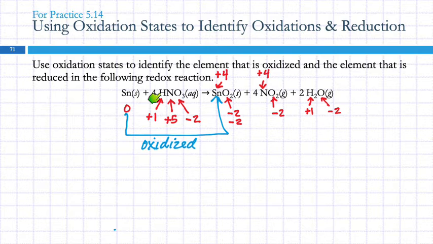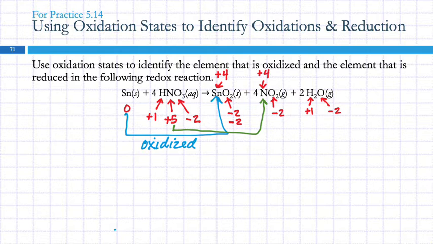So let's look at hydrogen. Here hydrogen's +1. Over there hydrogen's +1. It's not being oxidized or reduced. Here's nitrogen. Nitrogen's +5. And over here it's +4. So nitrogen is going from +5 to +4.